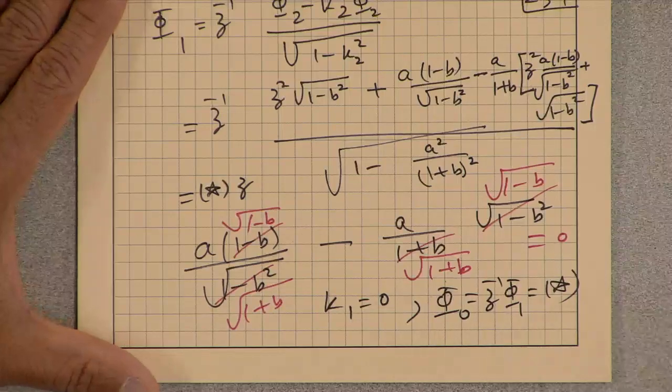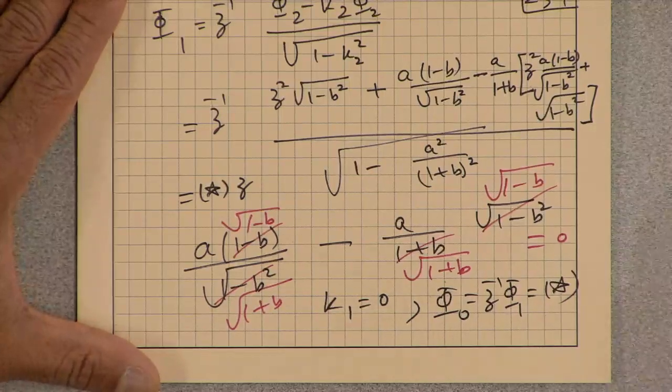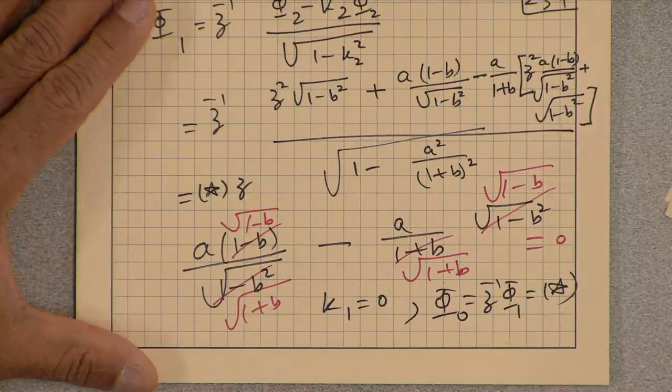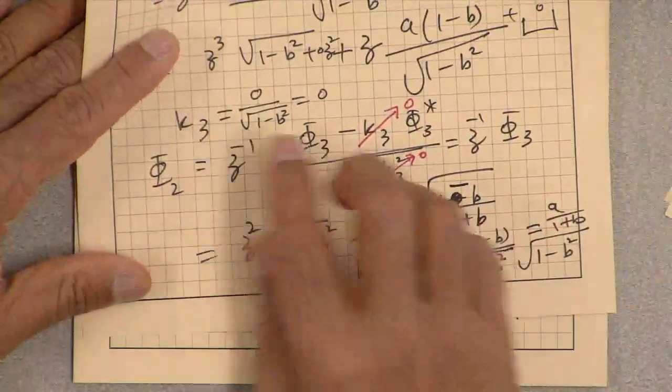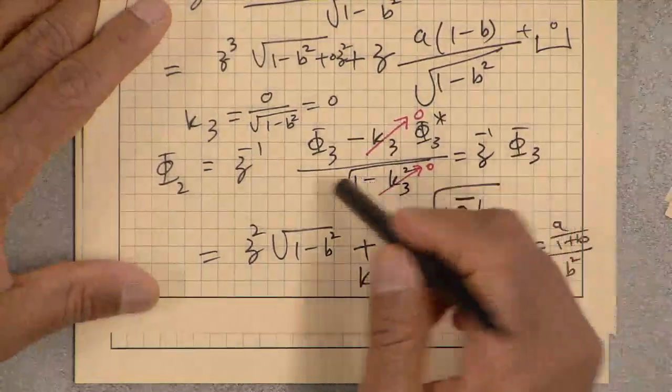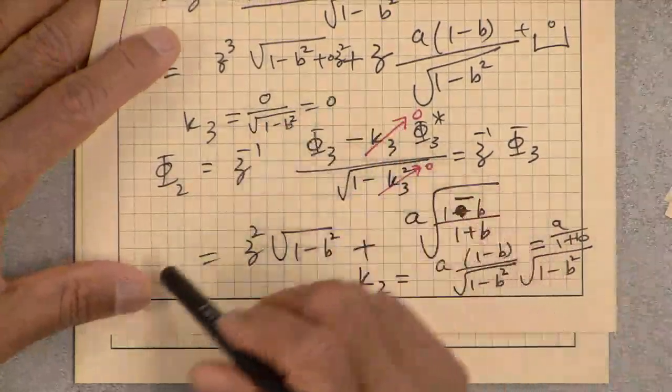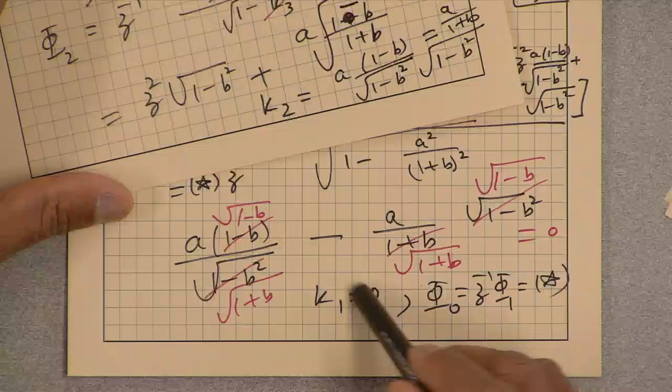So the whole thing that I was trying to show you through this example is that if m was 2, then we have k3 equal to 0 and k1 equal to 0.